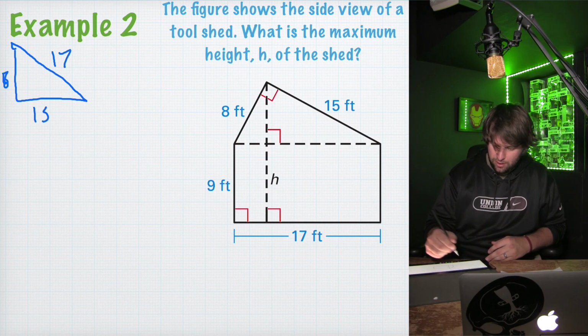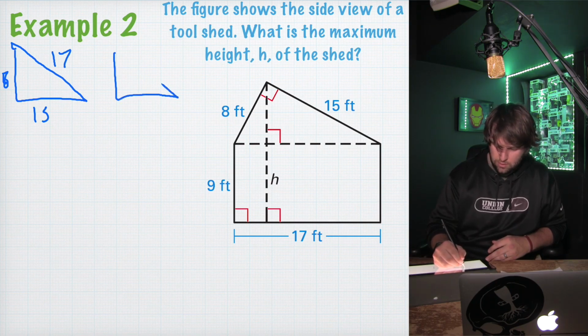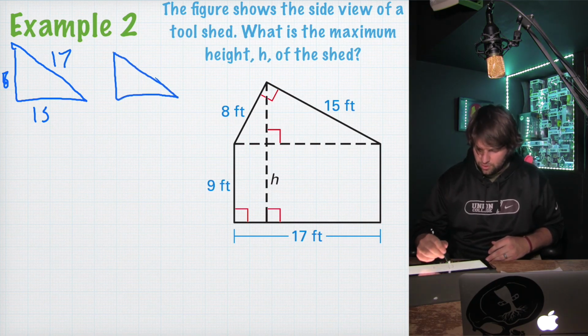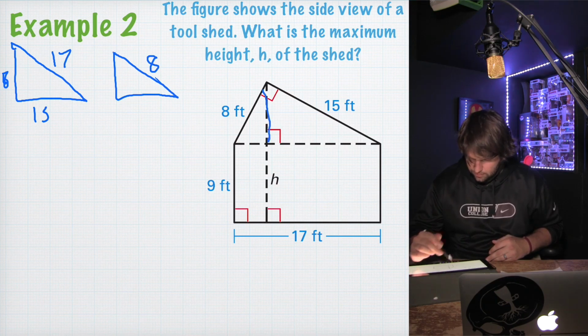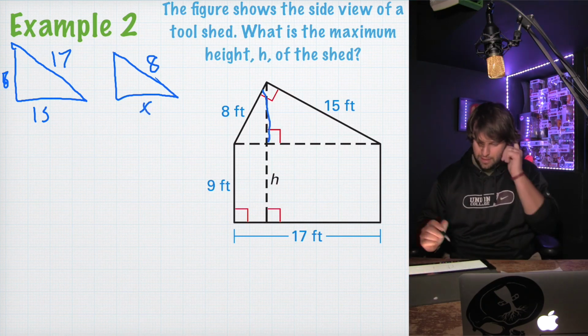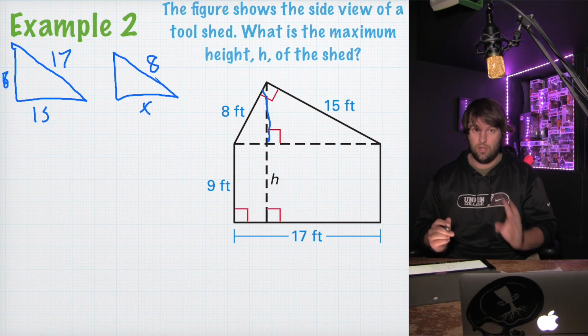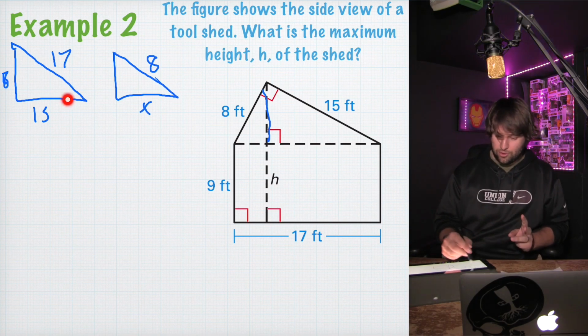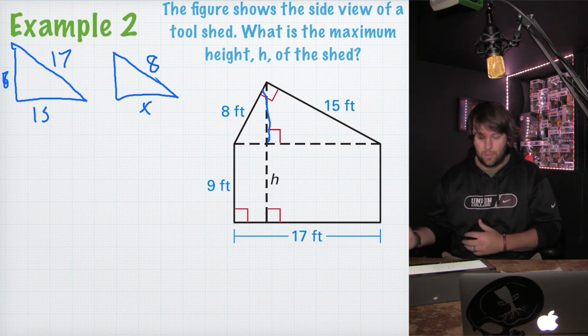Then I'll draw the other triangle. You know what? I changed my mind. I'm going to use just this little triangle right here, whose hypotenuse is 8. And we're wanting to know its long leg right here, so X. That's all we need to know, because as long as you know three sides, so 2 on one triangle and then 1 on the other, you're able to solve using a proportion.